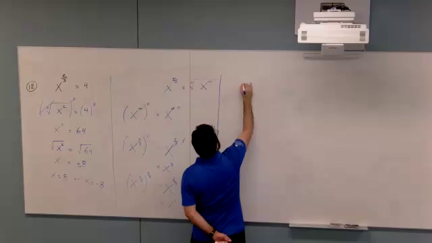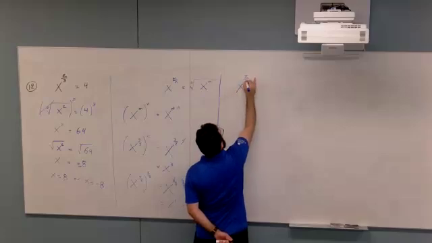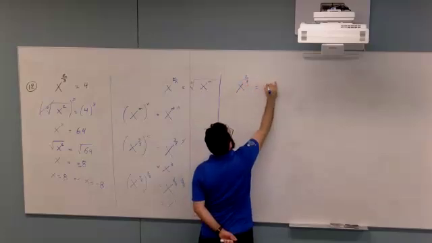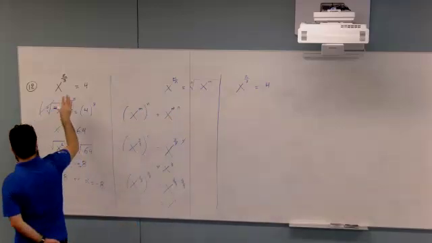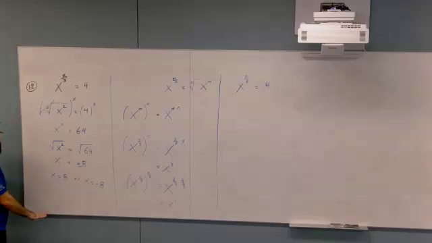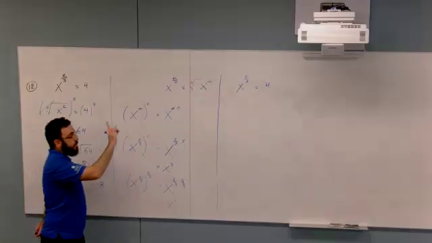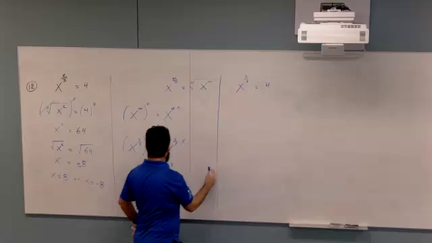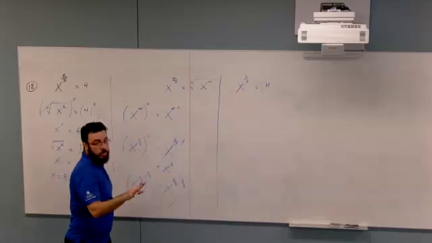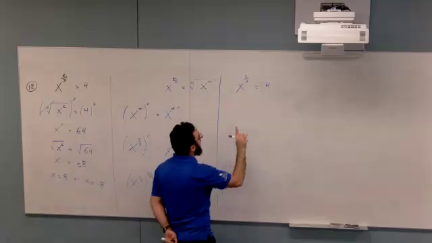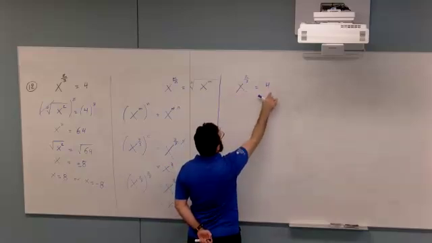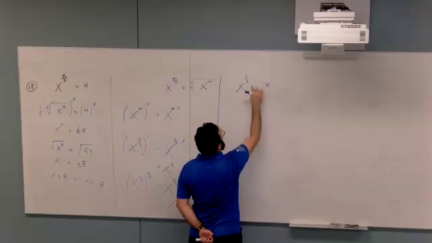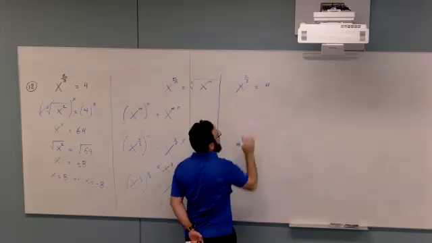Our problem says x to the 2/3 equals 4. I'm telling you, if you solve it this way, it's going to be right. If you solve it using this rule, it's also going to be right, but you have to be careful. Now, can I raise both sides to the reciprocal of this number?